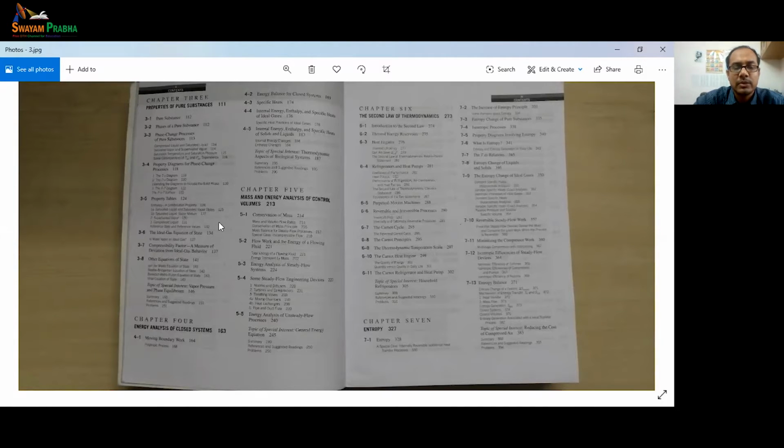That is why we are devoting 2 tutorials to it, and there are a lot of concepts which are very basic and fundamental to the analysis of any thermodynamic system. I hope that in the last 3 tutorials you have obtained a good sense of the first 3 chapters, and today we are going to look at a few more problems from the 3rd chapter.